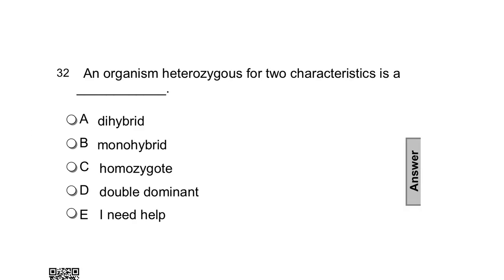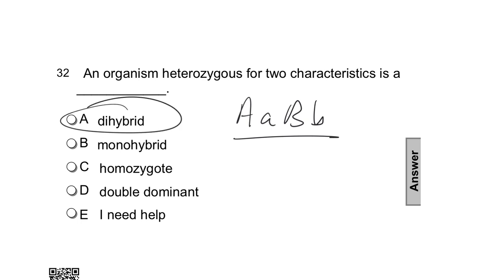Okay, organism heterozygous for two characteristics. Well, he'd be a hybrid for each one, so he'd be a dihybrid, because there's two. Now, I really need to do some more of these problems.